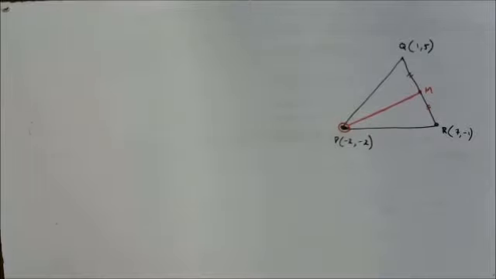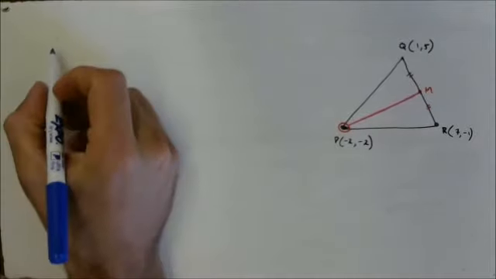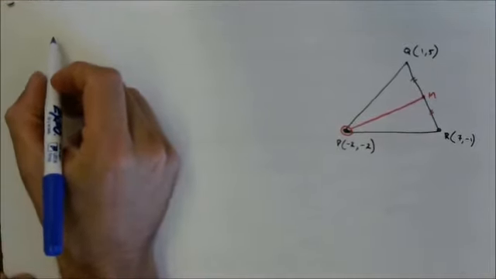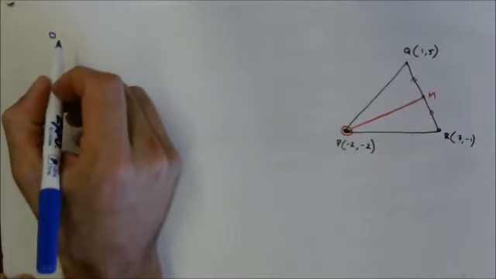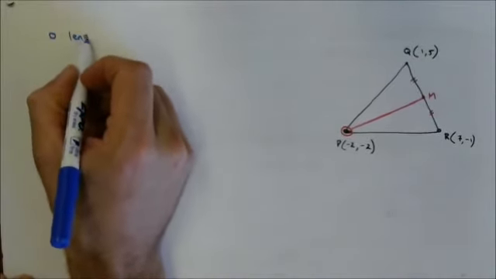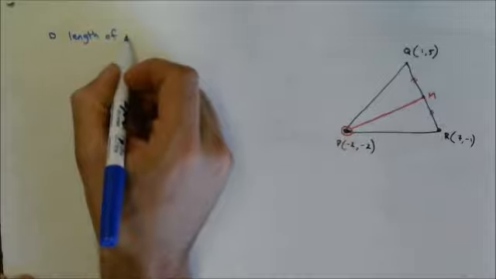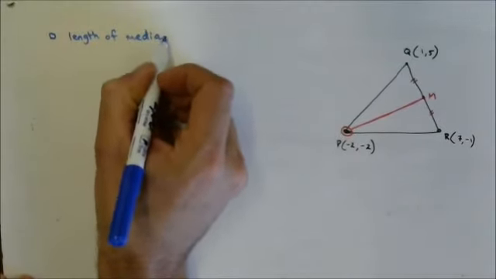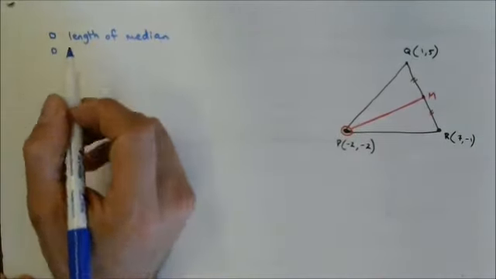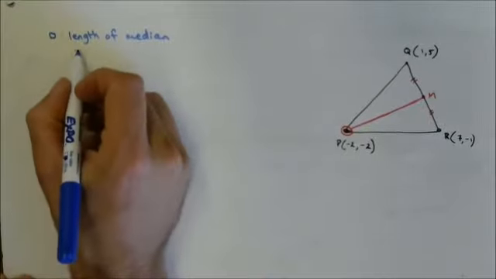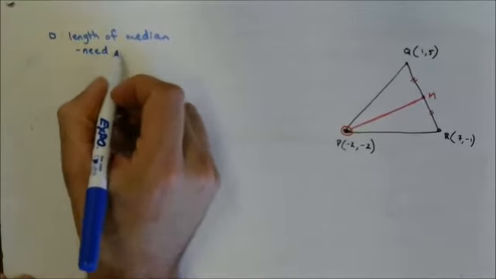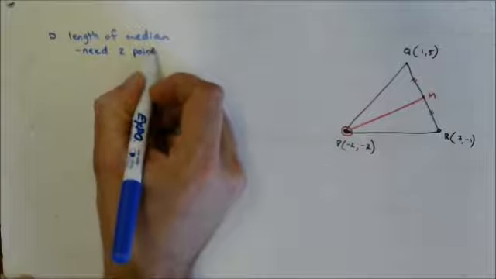So again, we could label our steps, list them, and then do them in reverse. What we need is the length of the median. That's obvious. We're going to use the length formula. But in order to do that, we need 2 points.